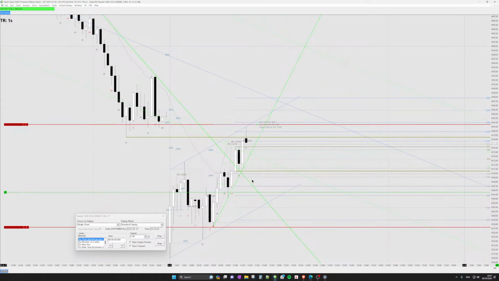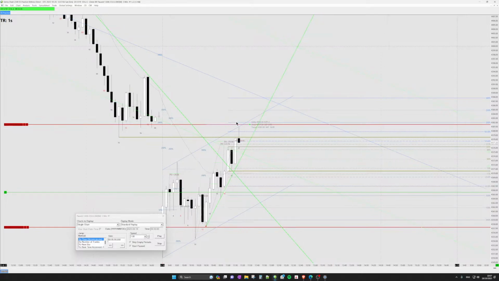For now, I think it's better to wait until some bigger disqualifier. Okay, the target reached. But it's also very common for the measured move of those bodies, for the target, to not be reached exactly.